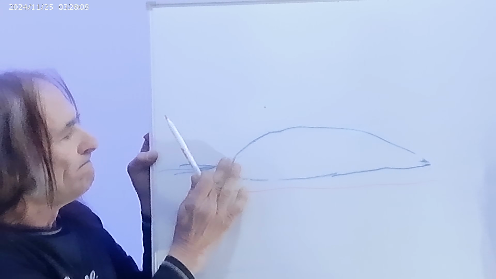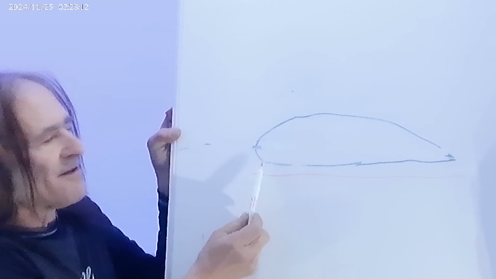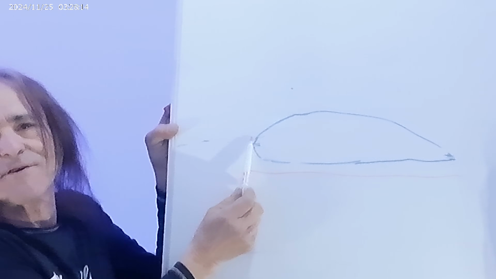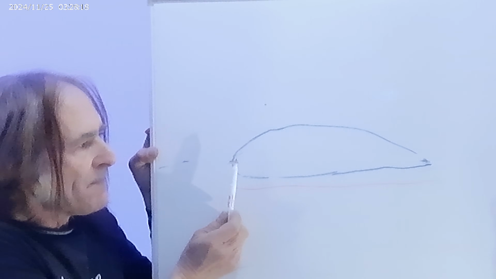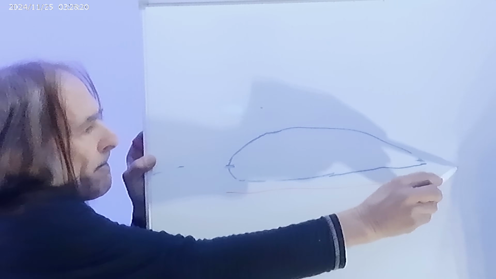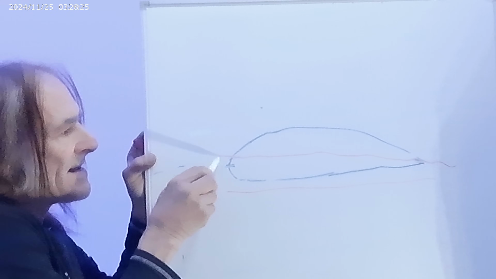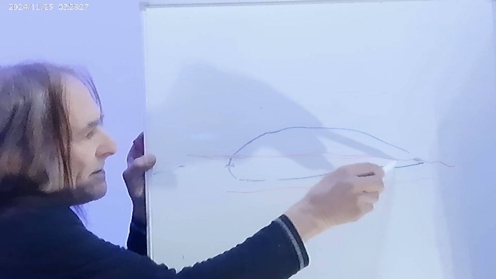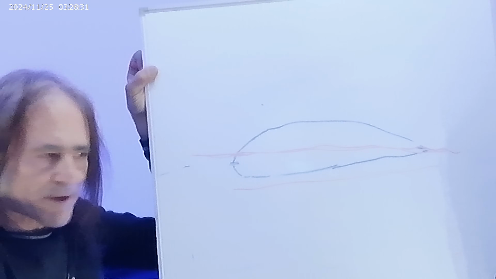Well, this is not the center of pressure. This is the center of pressure. And so if you want to do the experiment fairly, the trailing edge has to be on the same line as the center of pressure.